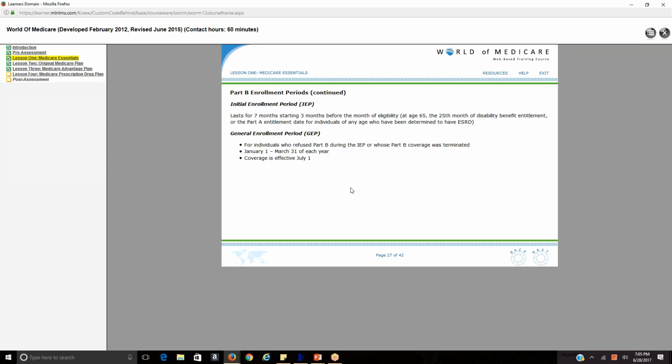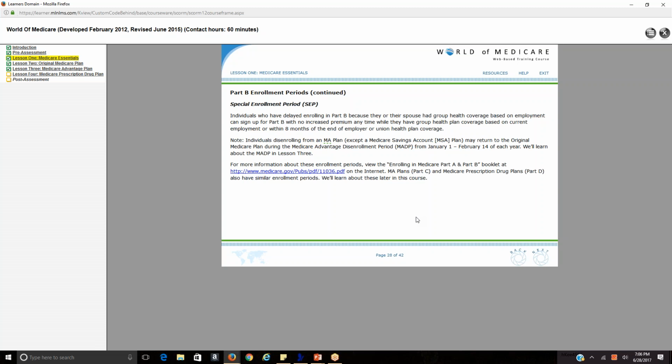You would go into the general enrollment period of January 1st to March 31st of each year, with your coverage becoming effective July 1st of that following year. So if you enroll under the general enrollment period, let's say you enroll January 1, you're still not going to be effective until July 1.